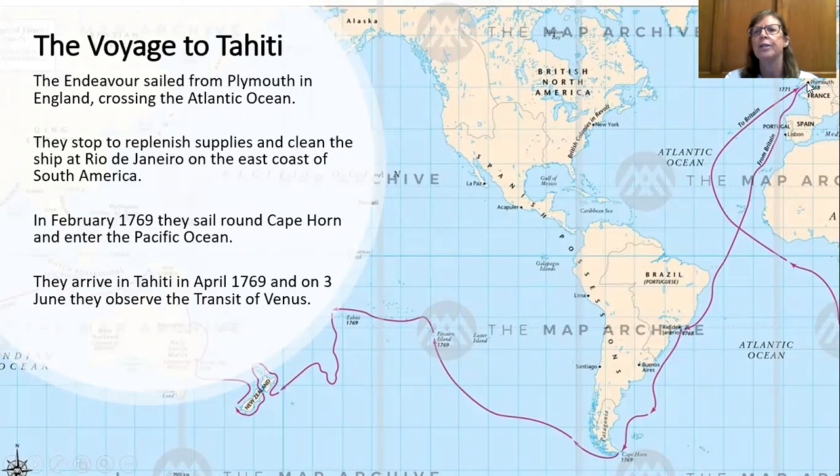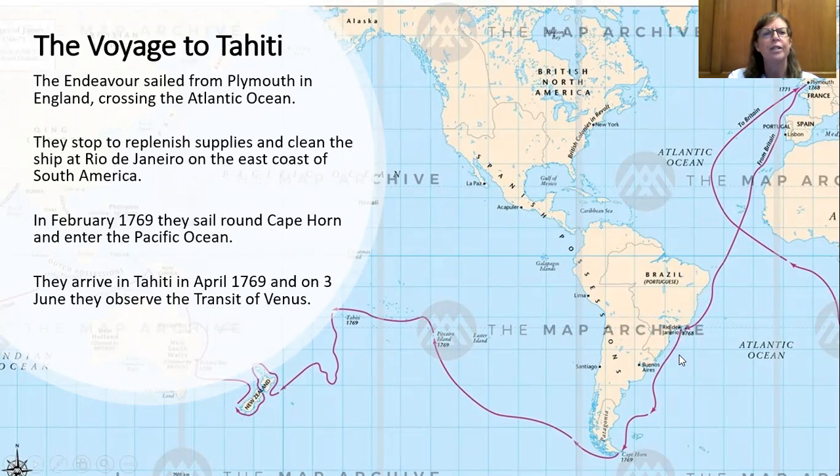This part is the first part of his voyage. So here he is in England, Britain, and we're following this line here, down to here. He sailed from Plymouth in England, crossing the Atlantic Ocean until they got to South America, where they stopped to replenish supplies and clean the ship at Rio de Janeiro, which is this place here on the east coast of South America.